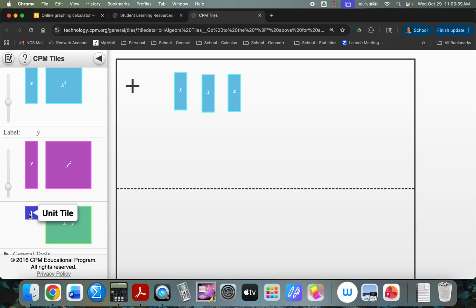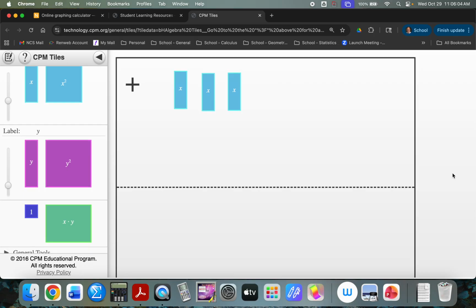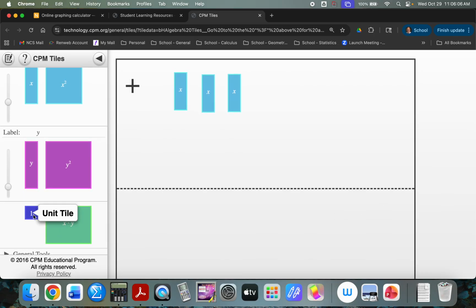Then I want the opposite of negative 4, so I'm going to put that in the opposite region. And I'm going to put 4 negatives.